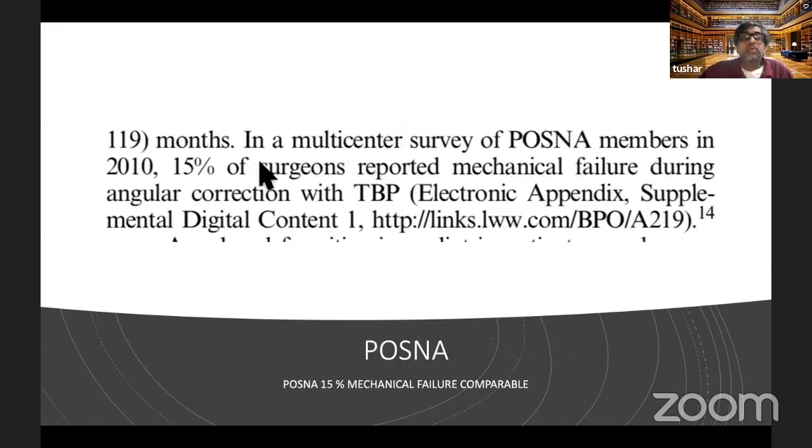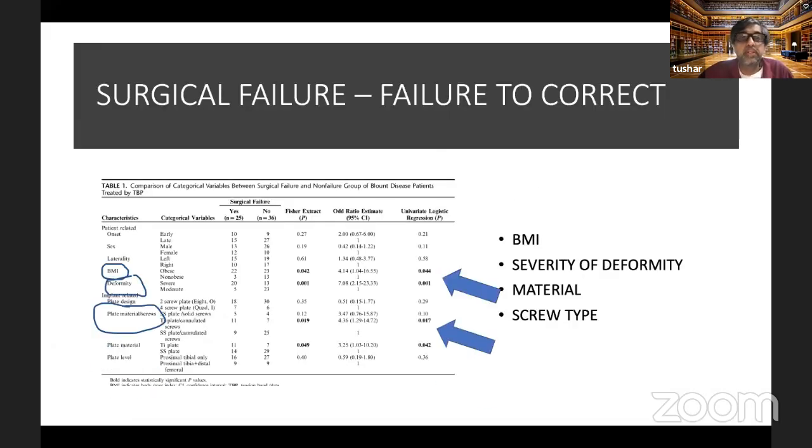However, it is also comparable to the multicentric Posner review, where they reported 15% mechanical failure; they had 11% mechanical failure. So these are the significant p-values: high body mass index, high deformity levels at the time of surgery, and the plate material and screw.